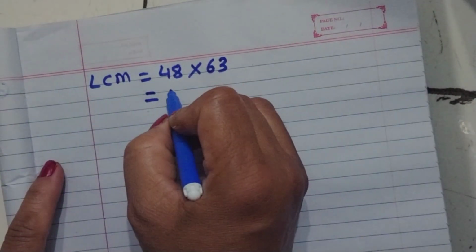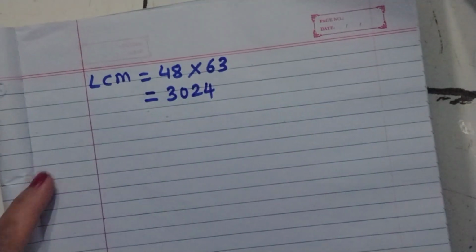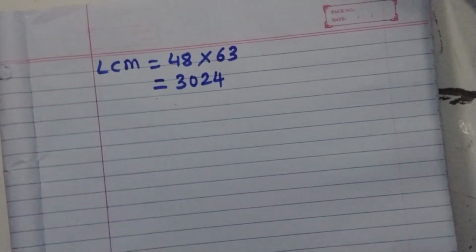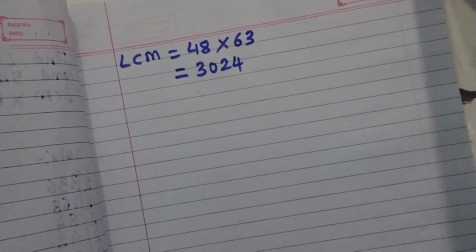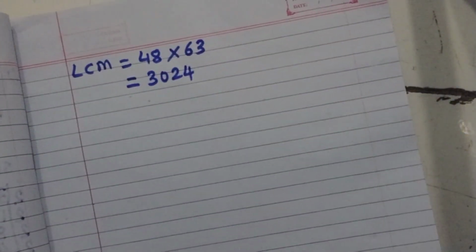When 48 is multiplied by 63, we get 3024. So LCM of 336 and 54 is 3024.